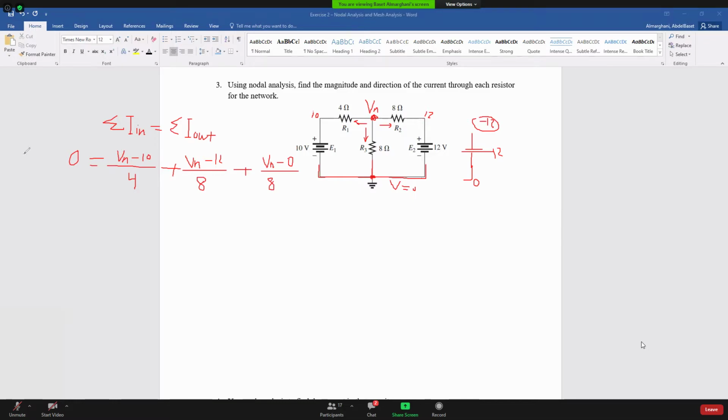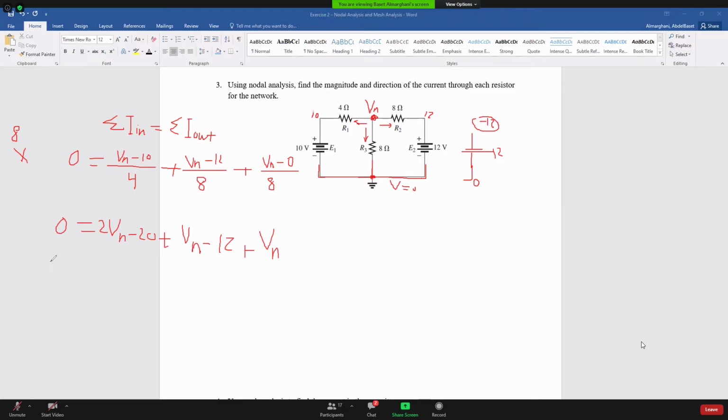Easily I can multiply by 8. So I have 0 equals 2Vn minus 20 here, plus Vn minus 12, plus Vn. So I multiplied by 8, 8 cancelled out, 8 cancelled out, 4 cancelled out, and I have 2 in the top.